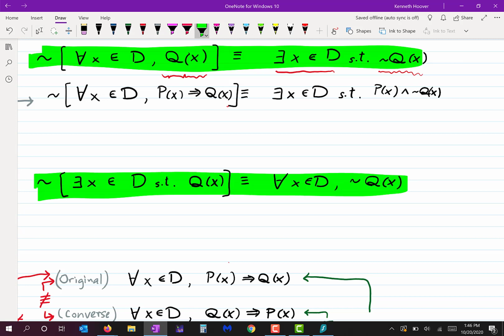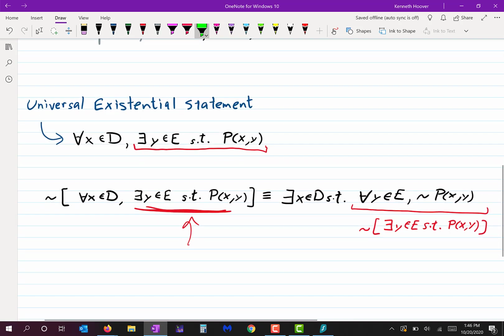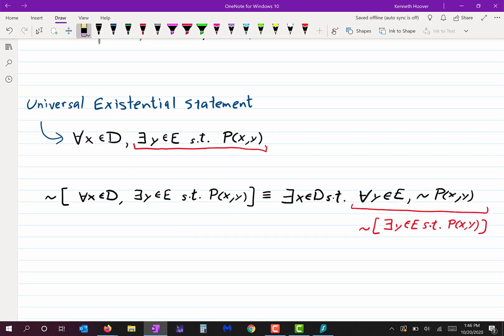Okay? So, summary. The negation of, for all x in D, there exists a y in E such that P of xy is, there exists an x in D such that for all y in E, not P of xy.